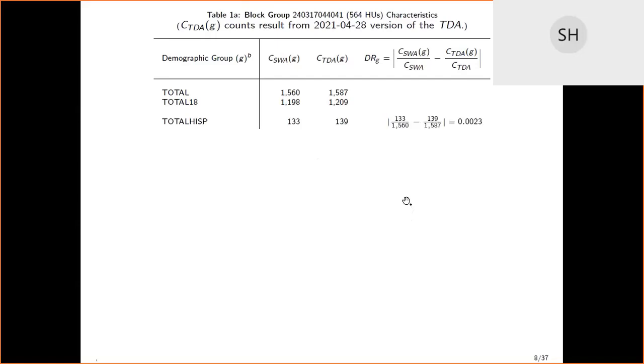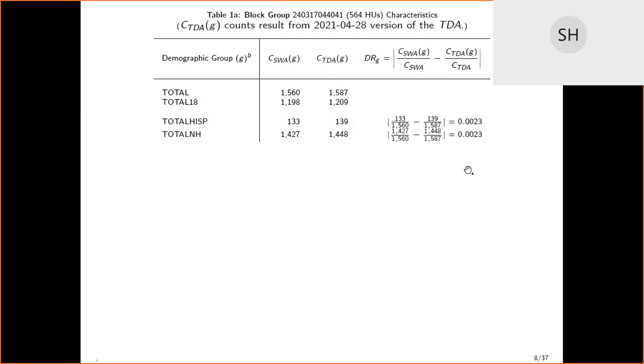And if you compute this difference of ratios, we'll take 133 divided by 1,560, and we'll take 139 and divide by 1,587, get this difference, get the absolute value, and that turns out to be 0.0023. We're focusing on this format because this is the format that we believe DOJ, the Department of Justice, has used in the past in looking at cases for redistricting for various reasons.